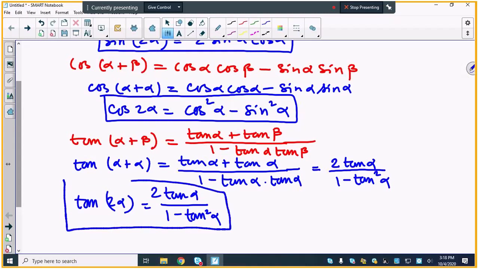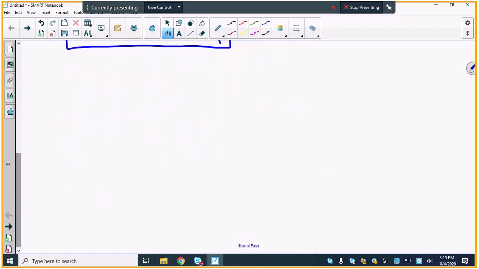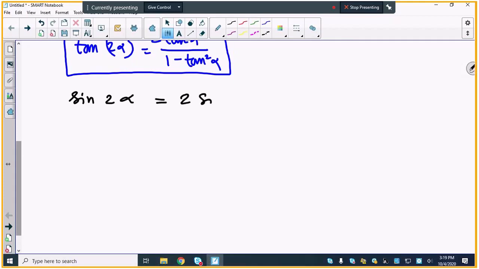How about the half angle formula? So if alpha is given, can we find a formula that will determine alpha over 2's trigonometric ratios for us? So again, we would like to use the similar set of formulas to do the work for us. So let's see how we can do that. We will start with the double angle formulas, but we will rewrite them in a little different way. So remember, the formula was sine of 2 alpha equal to 2 sine alpha cosine alpha.